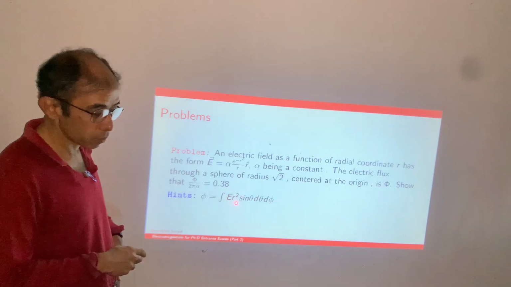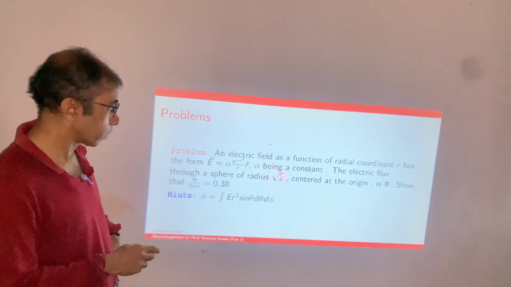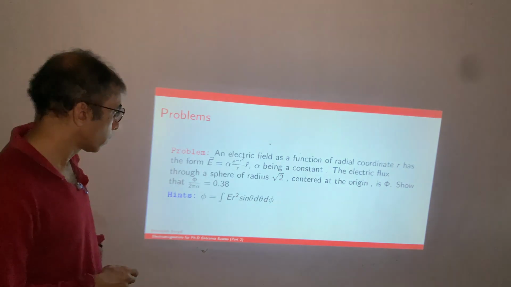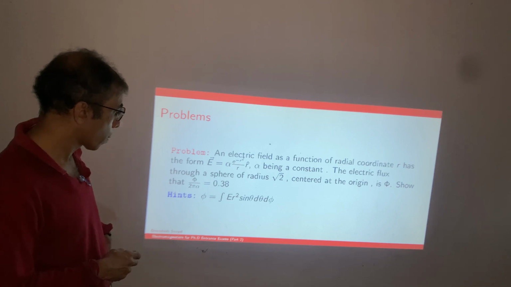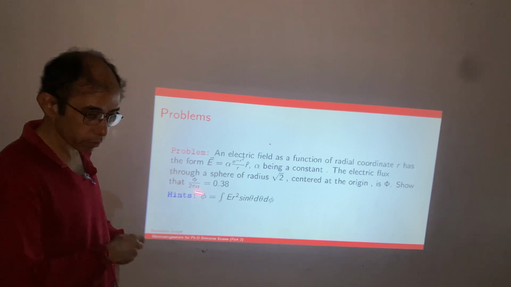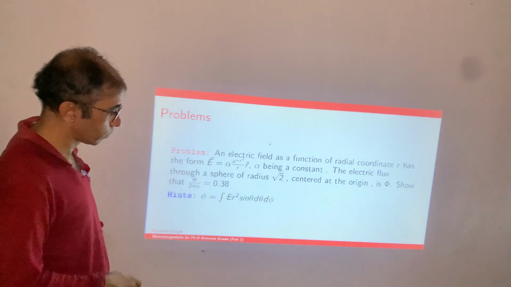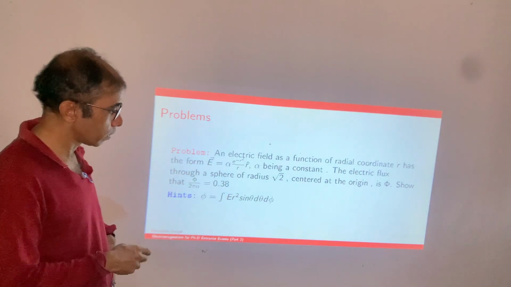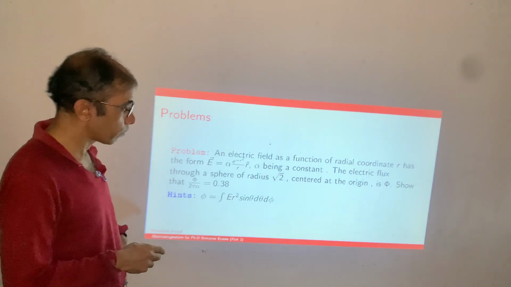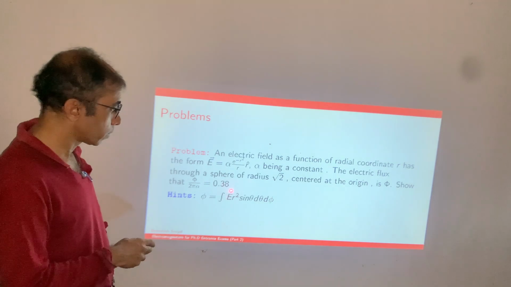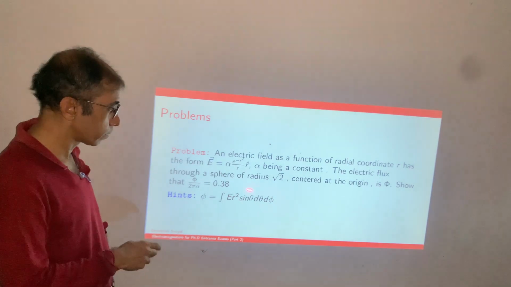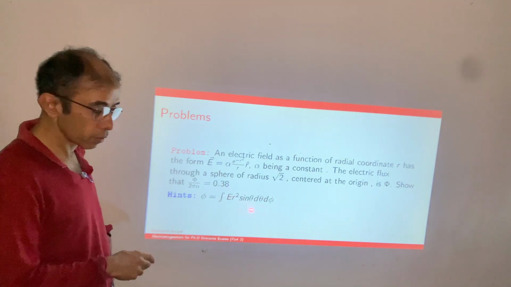Remember, r is constant here, and the value of r is given as √2. So you find Φ and check whether this is correct or not. r is constant because we are finding the flux across the surface of the sphere.